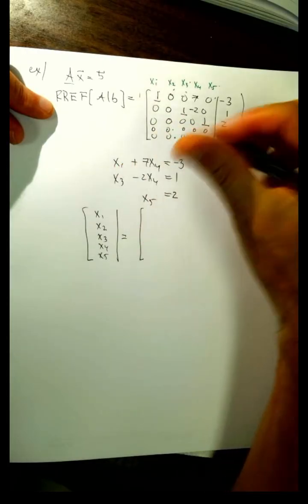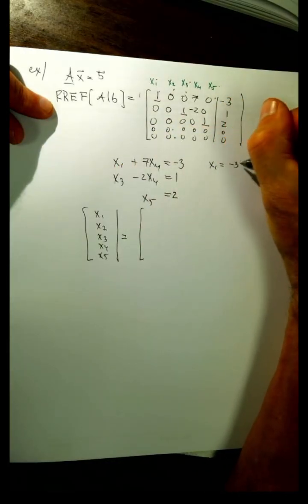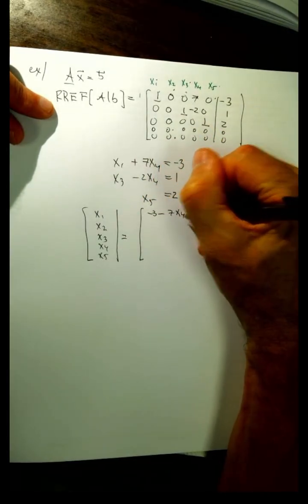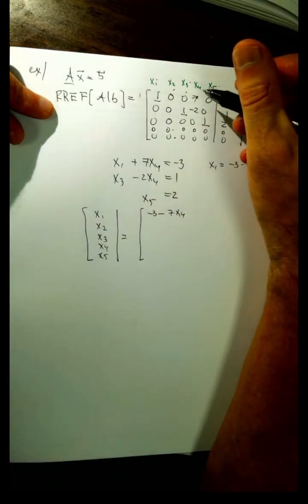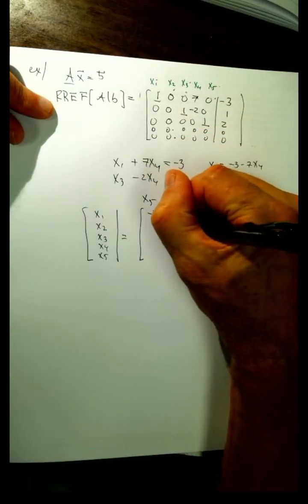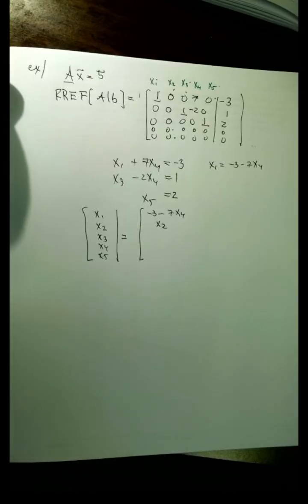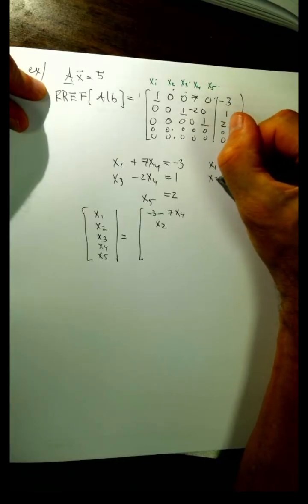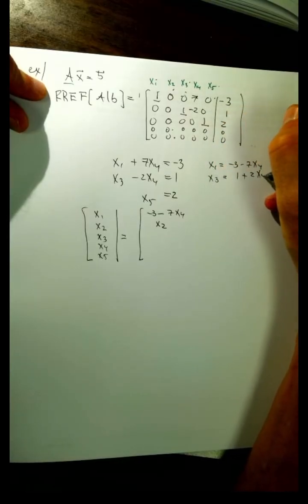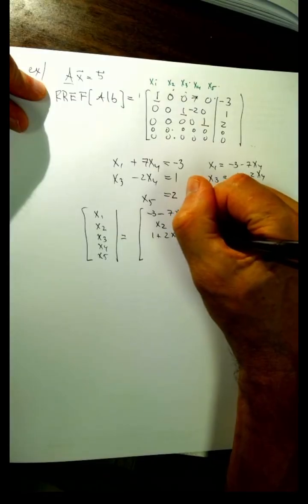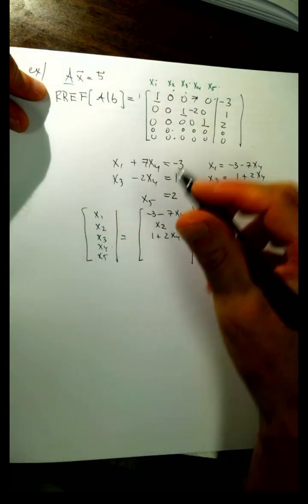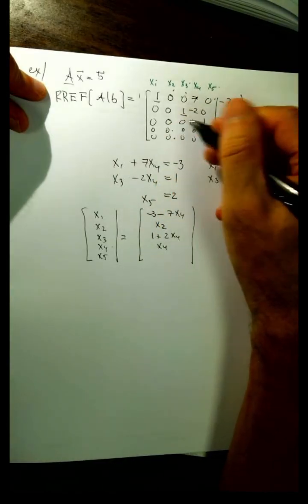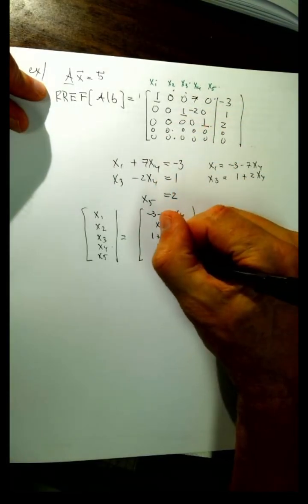Solving for the pivot variables, I get that x1 is minus 3 minus 7x4. x2, well, there's nothing in there that tells me anything about x2, so x2 is just x2. x3 is a pivot variable, so I know that x3 is 1 plus 2x4. x4 is not a pivot, so there's nothing I can do with that. But x5 is a pivot, so I just know that x5 equals 2.